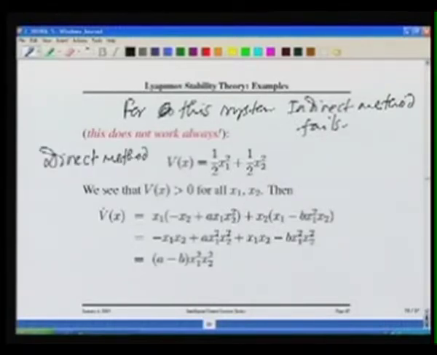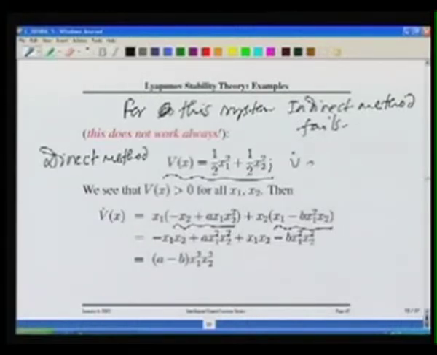We apply the direct method, and in the direct method we assume a Lyapunov function, which is a quadratic Lyapunov function. We have two states x 1 and x 2. So, simple: V is half x 1 square plus half x 2 square, and we differentiate to get V dot. As you know, this is our f 1 and this is our f 2, and you replace them.